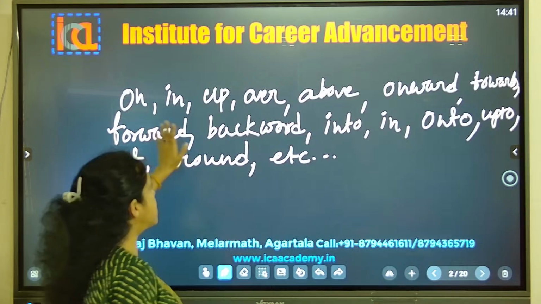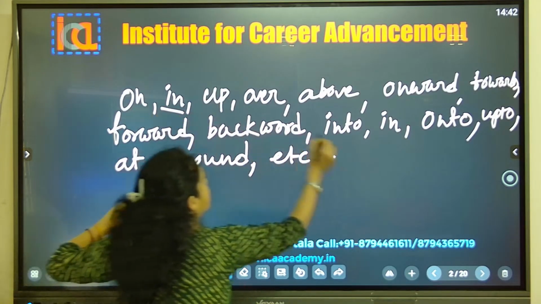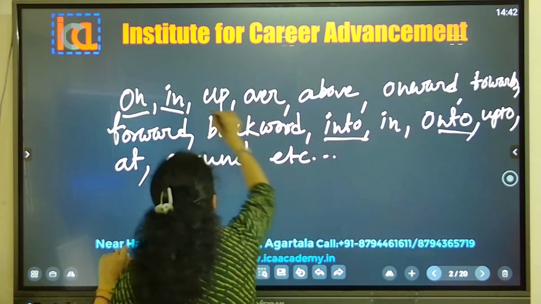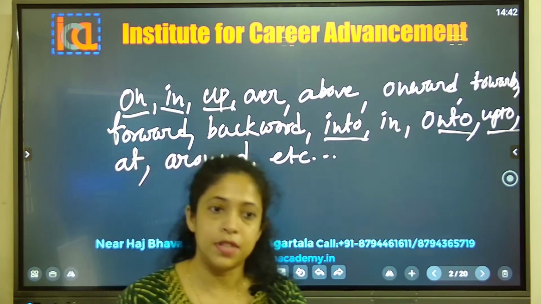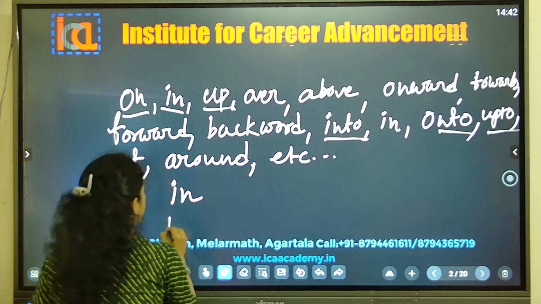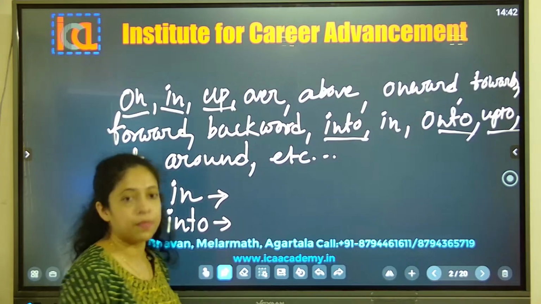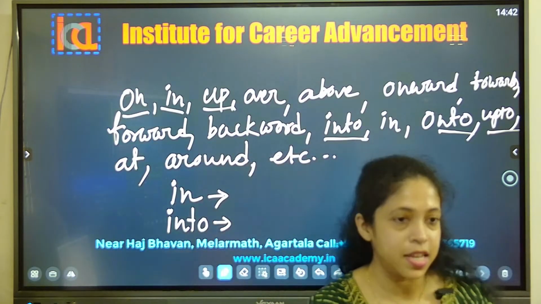Basically, let us go with these prepositions: in and into, on and onto, up and up to. There is a baseline difference. What is the meaning of in and what is the meaning of into? Can anybody tell me?